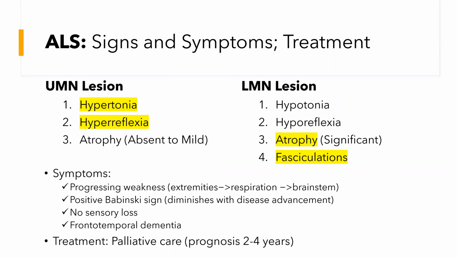Also, another symptom correlated with ALS is a positive Babinski sign, which is also a sign for upper motor neuron lesion. However, this is a new one for you guys. A Babinski sign is actually completely normal in babies that are less than 6 months of age.